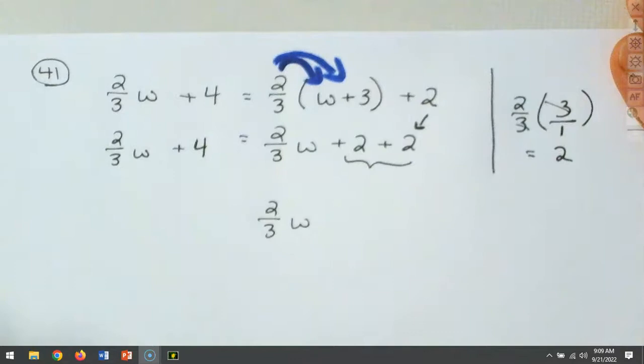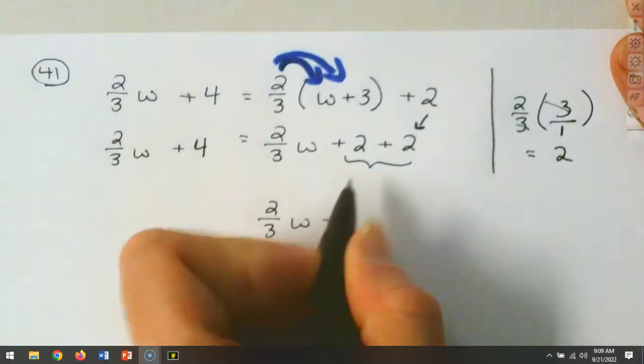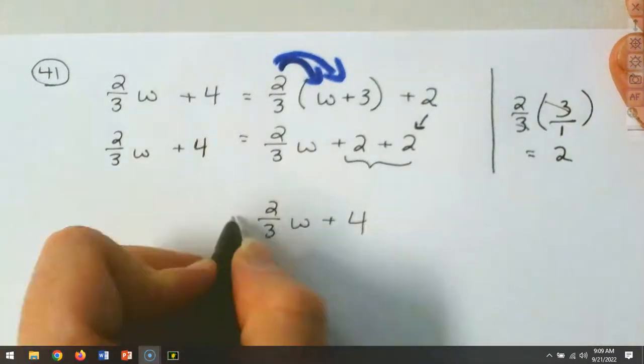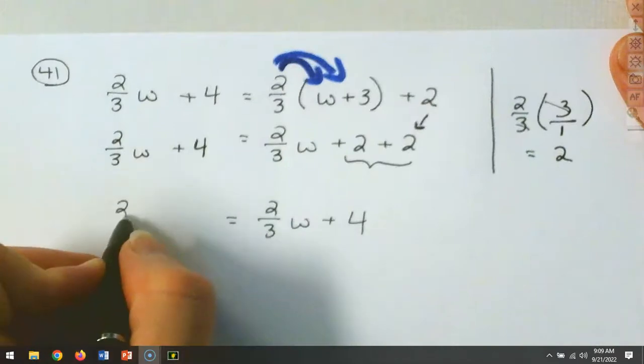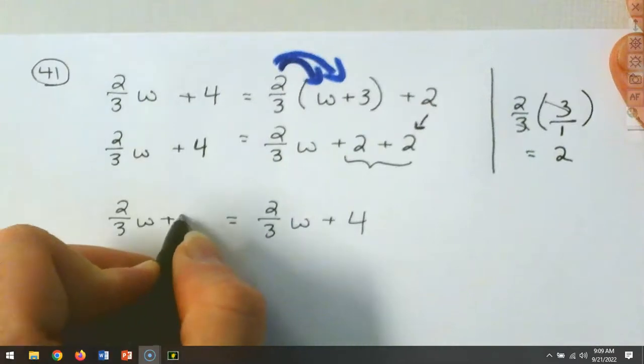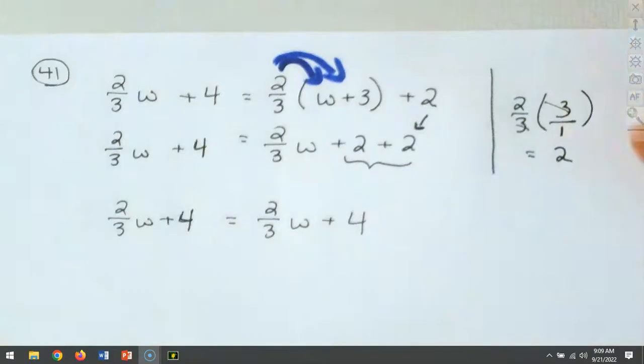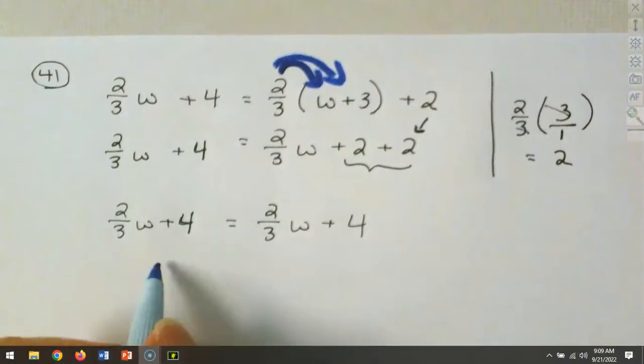That gives you 2/3 W, and then 2's added together, that gives you a 4, and look at the other side. The other side is the same, okay? Now, this is a little bit different from some of the others. Notice these are exactly the same.